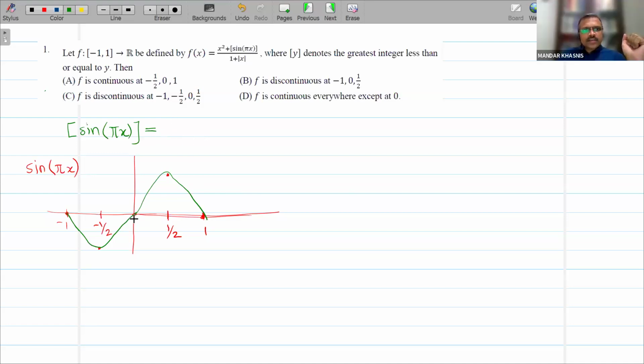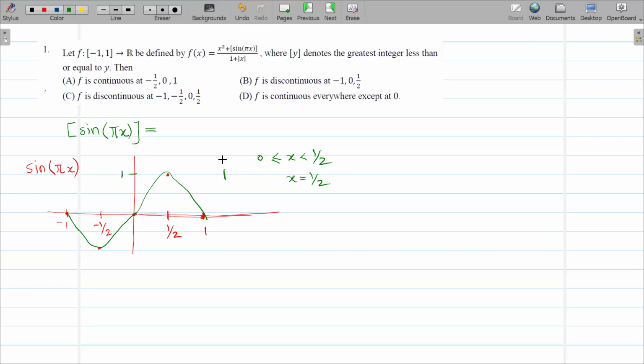So let me look at the 0 to half interval for the time being: 0 less than or equal to x less than half. At x equal to half, the value is 1. Between 0 and half, the value is between 0 and 1, so the floor is 0.